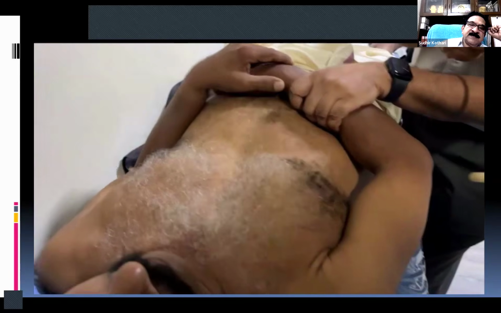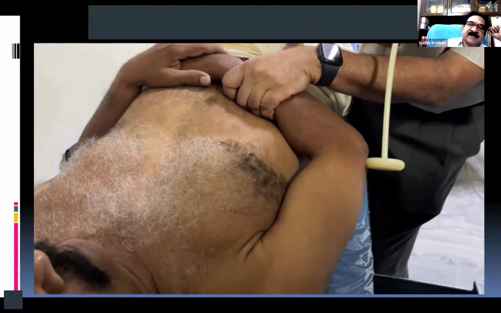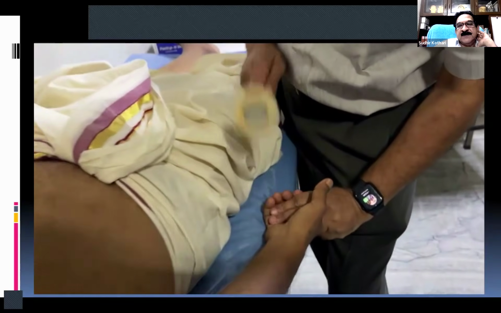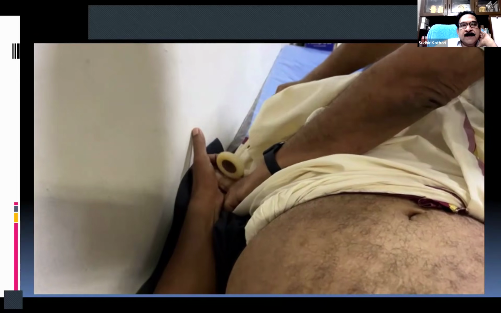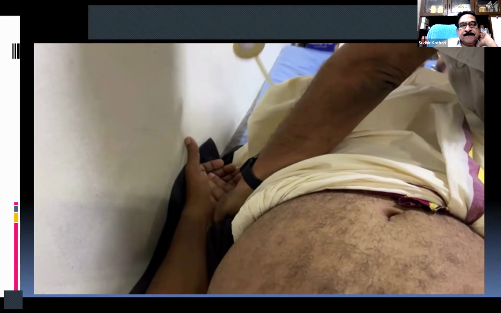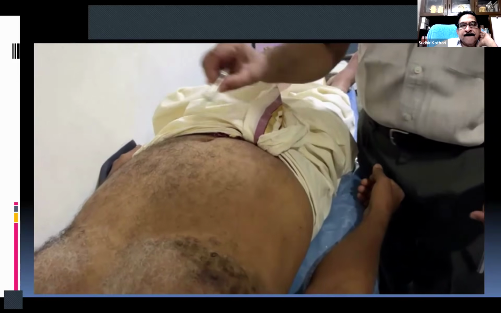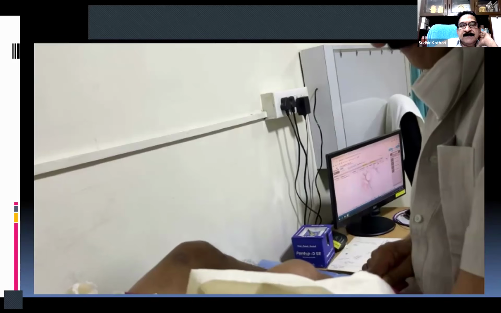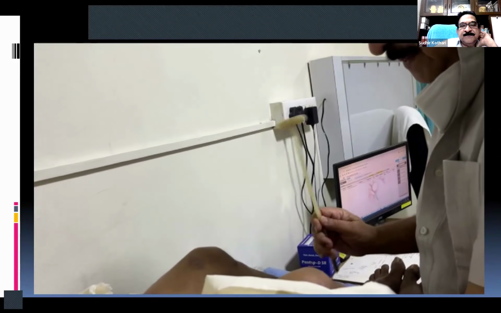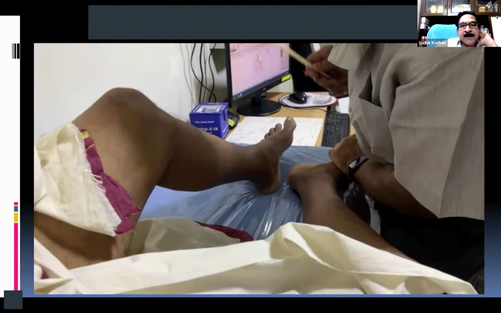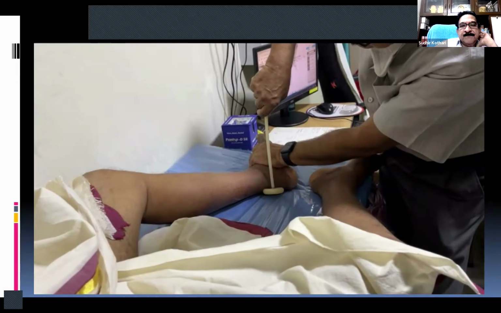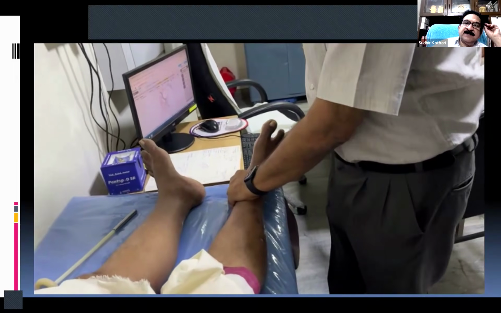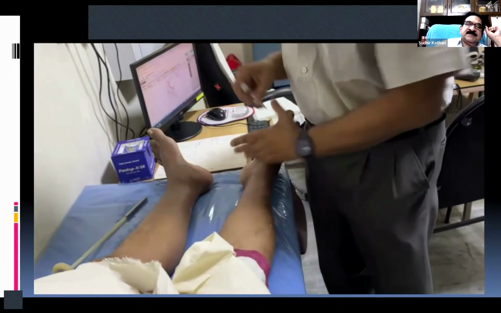Triceps is also absent on the left side, normal on the right side, but just elicitable on the left side. Finger flexion normal. Abdominal reflex is intact. Knee jerk normally elicited. Ankle jerk was not elicited, diabetic also. Plantar is intact.